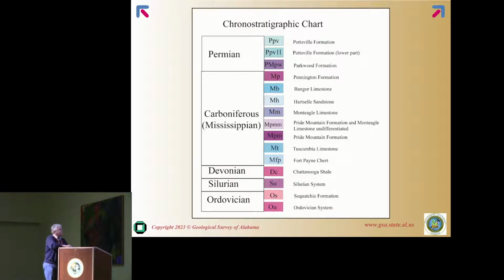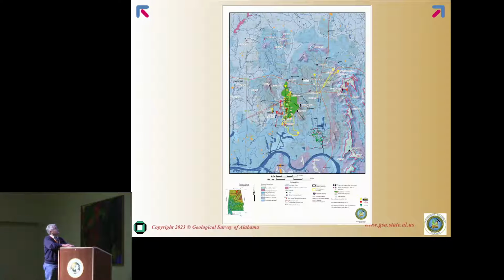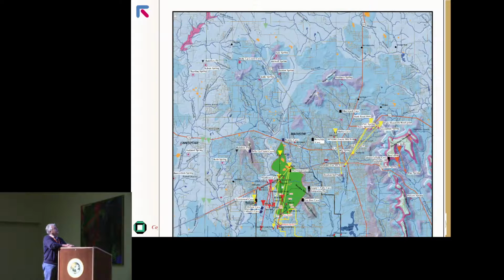From the geologic point of view, in the bedrock geology, most of the area is covered by the Tuscumbia limestone, and underneath, along the creek at the lower depths, it's Fort Payne chert, and on the ridges, Monteagle limestone, Bangor limestone, and Pennington Formation. On this geologic map, I put a yellow line, horizontal, east-west.